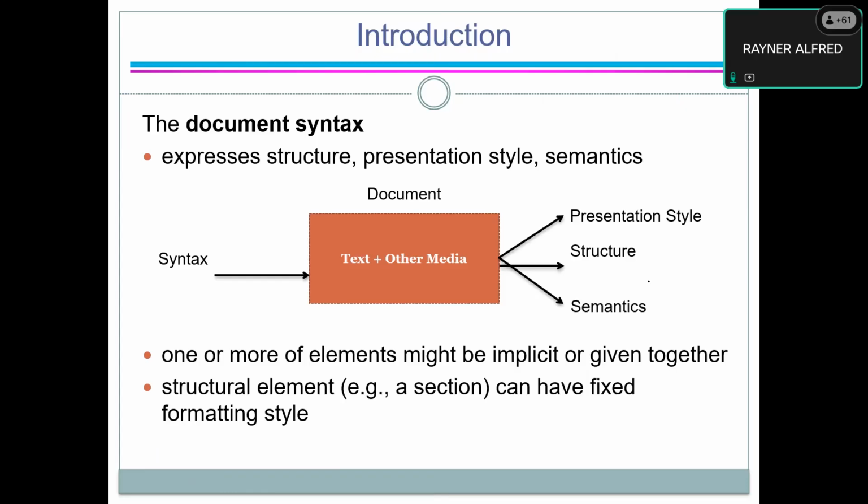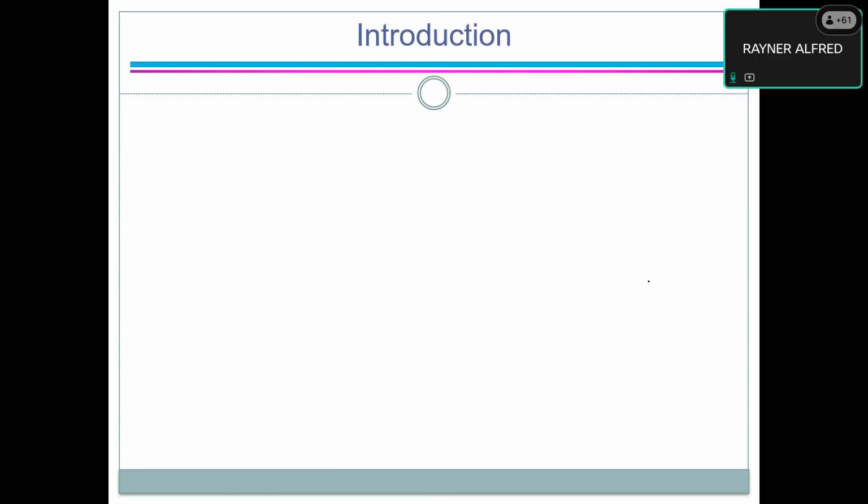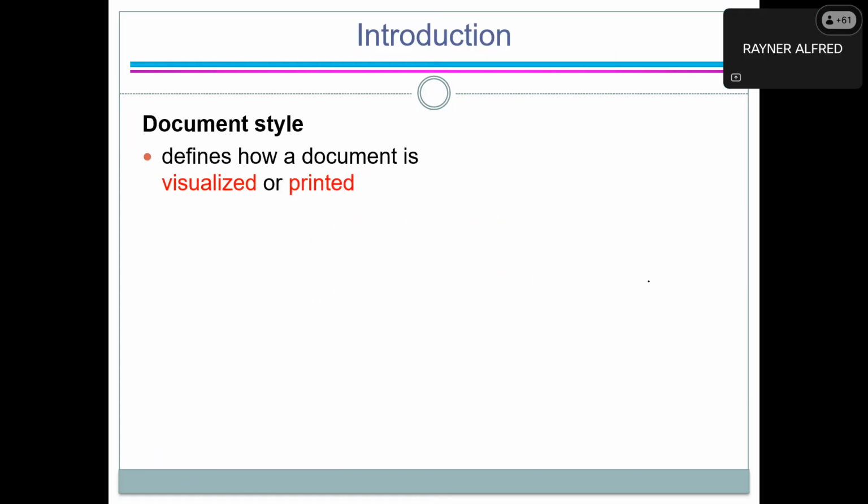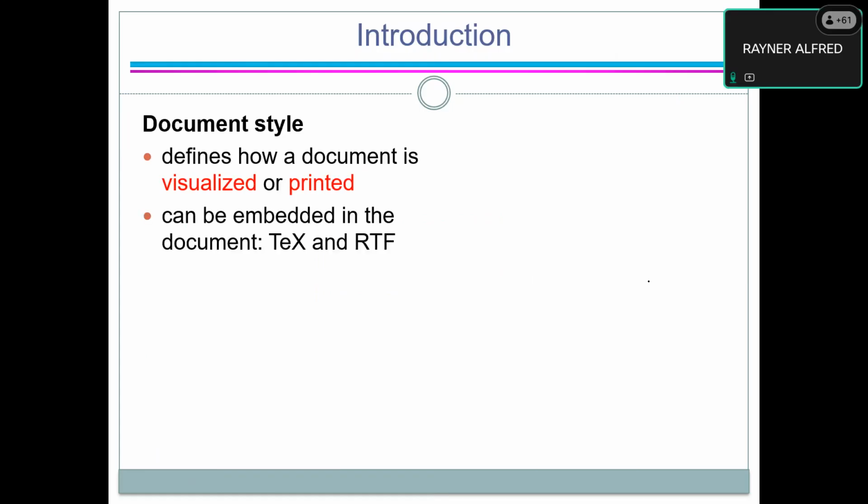So for example, in each document, the top one could be the title, okay, followed by the author of the document. So the document style defines how a document is visualized or printed. So if you see that Microsoft Word refers to what you see is what you get, right?